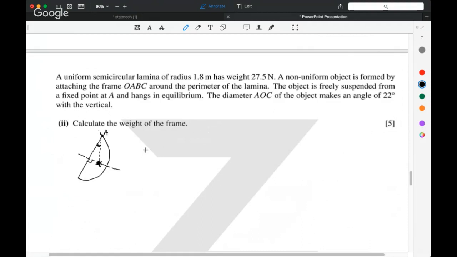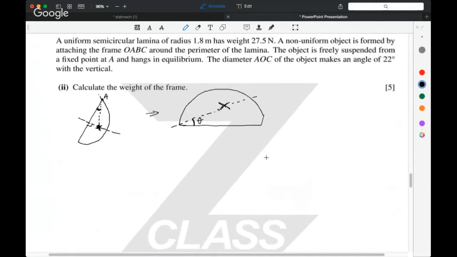So let's put this back on its front so we can deal with the quantities that we know. We have our center of mass, and this line here, which is the vertical of that drawing, and then we have some angle theta. So we can immediately work out this distance.